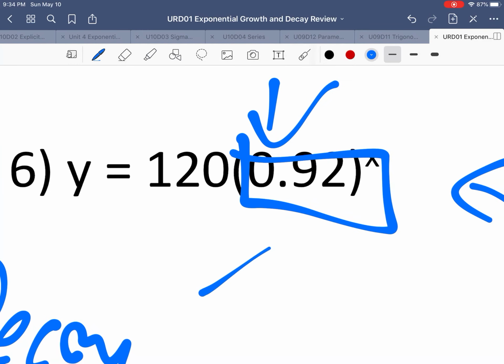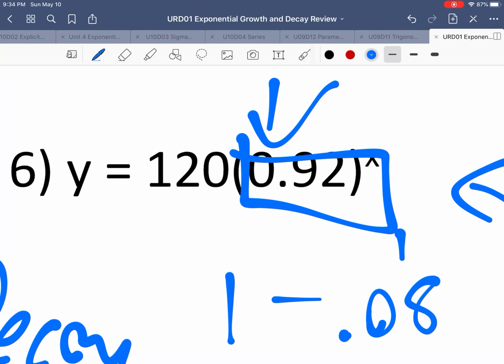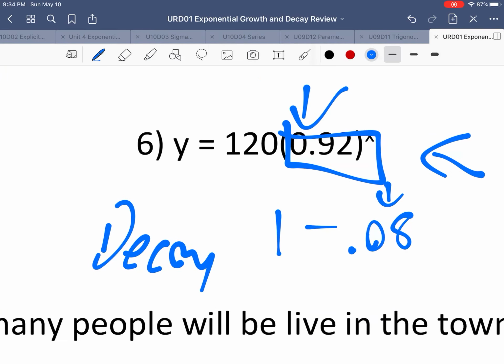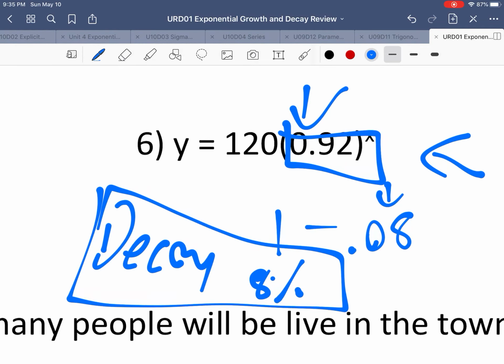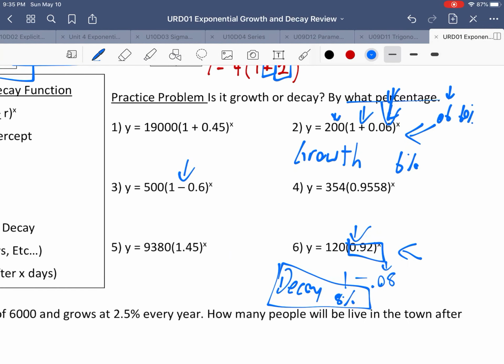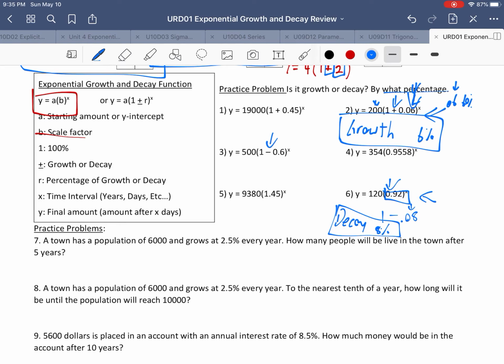This is actually equal to 1 minus 0.08. This is a decay of 8%. All right, so I'll let you try the remaining examples. So we've done problems 2 and 6. You're going to have to try and answer problems 1, 3, 4, and 5 in this section.